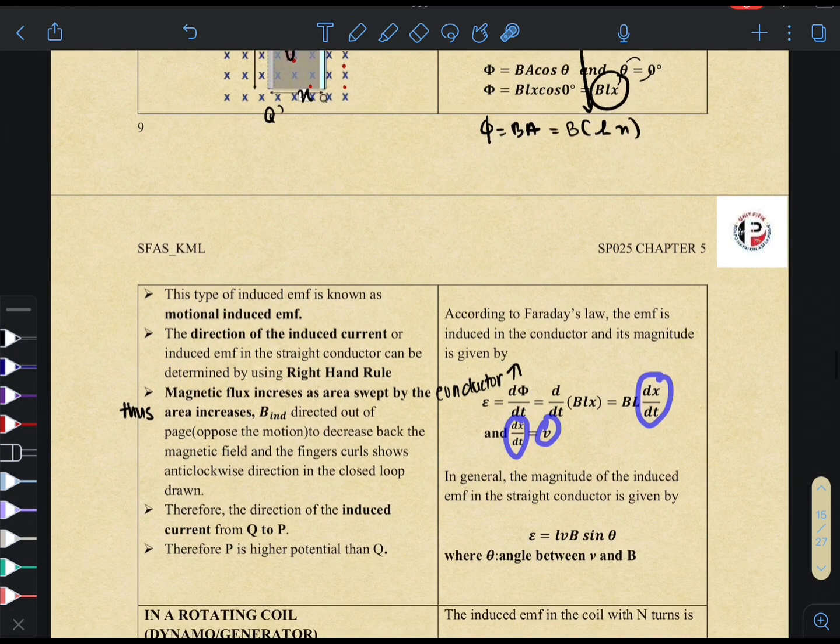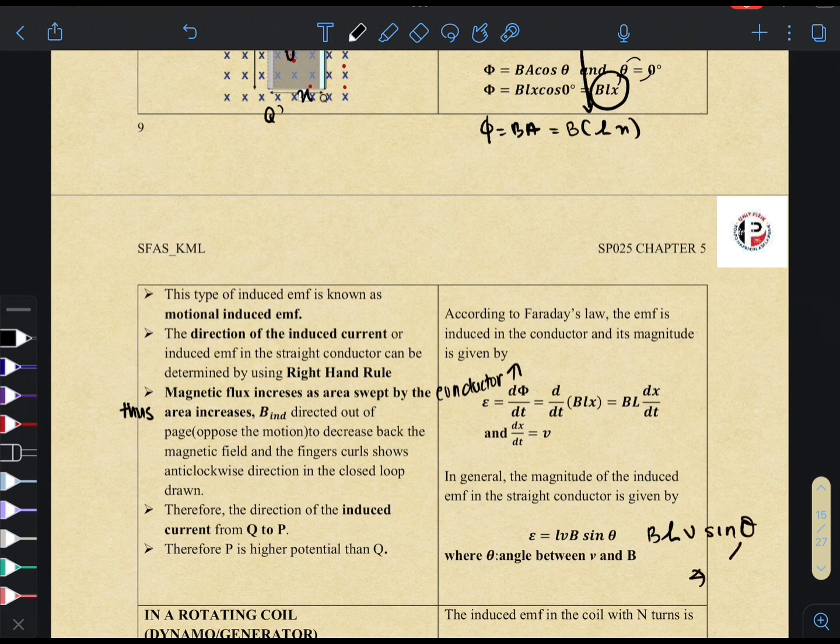So in general, the magnitude of the induced EMF in the straight conductor is given by EMF equals BL, which we leave alone, and dx over dt becomes V sin theta.